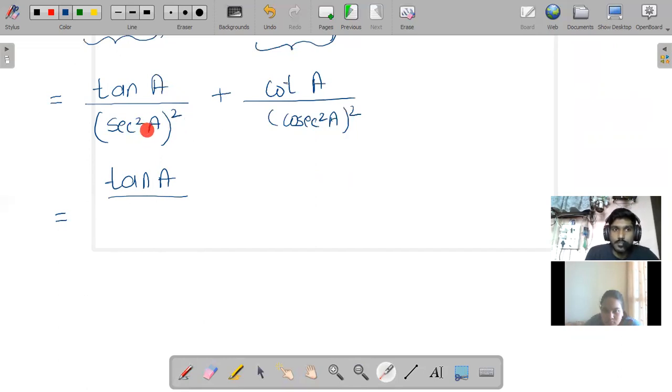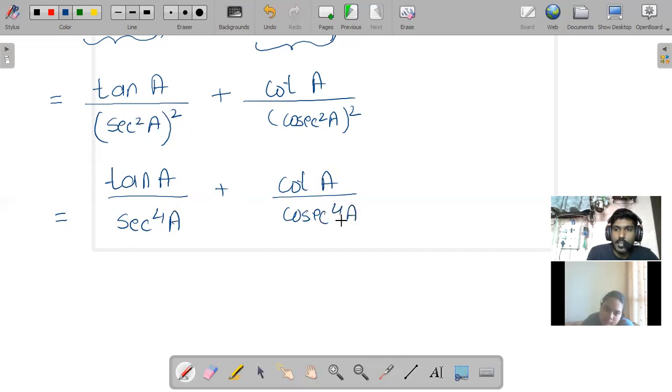What will this become? This square and this square together. Sec square A, the whole bracket square. So when you take the square together, what will happen? Sec 4A. Yes, sec raised to 4A. Same thing you do here. Cosec 4A.